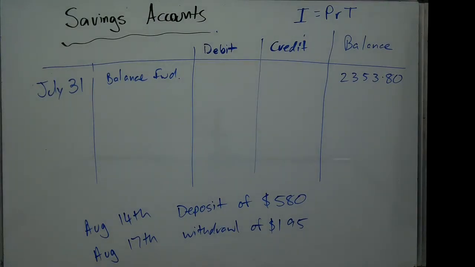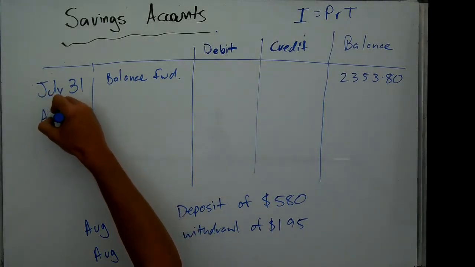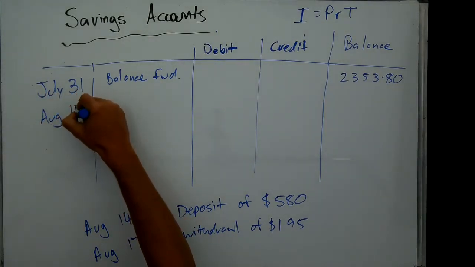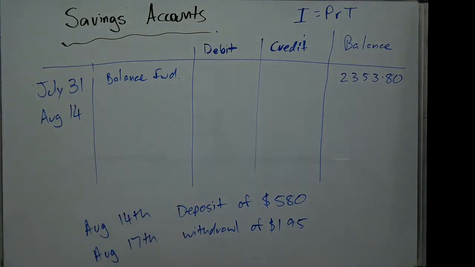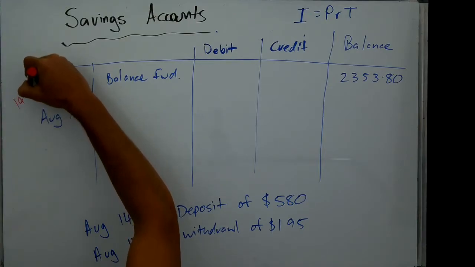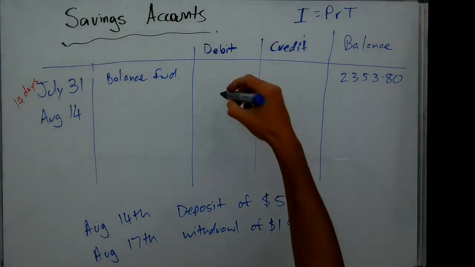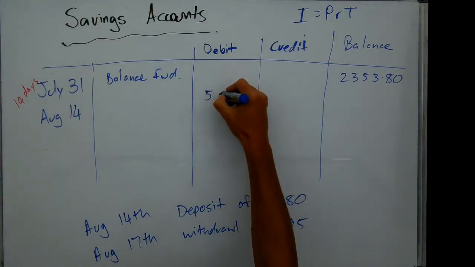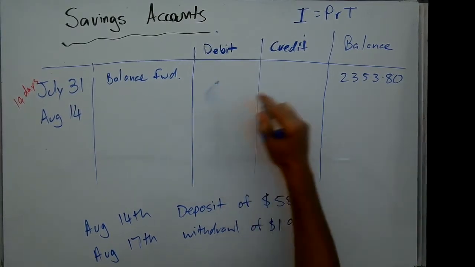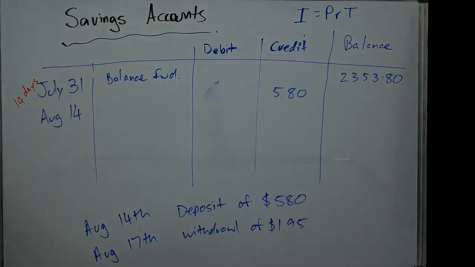Okay, so August 14th, and I'm going to say that's 14 days. We're going to deposit, the wrong column, crediting, 580, and we're going to add it to that.